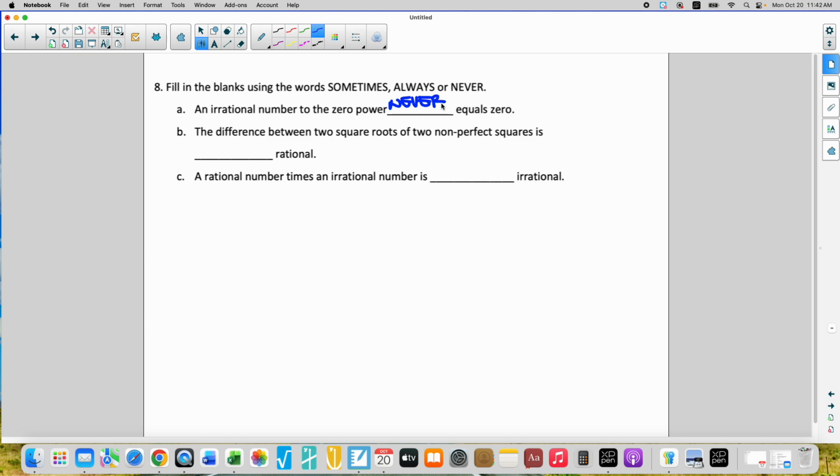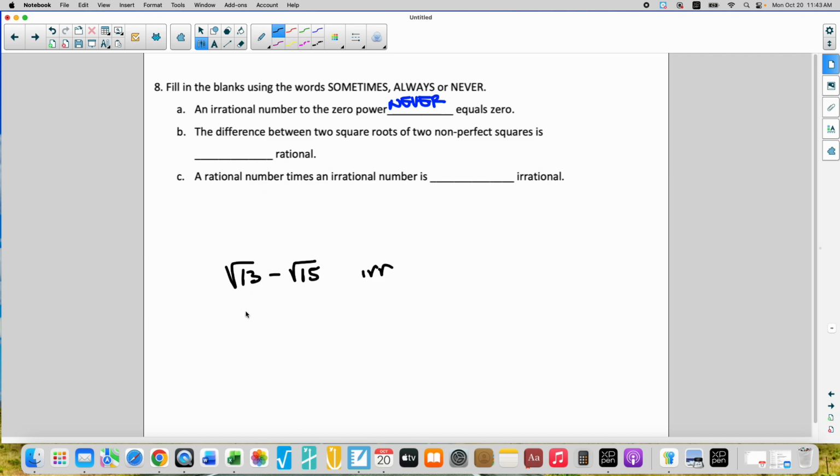The difference between 2 square roots of 2 non-perfect squares is rational, sometimes rational, always rational, never rational. So that could be the square root of 13 minus the square root of 15, that's going to be irrational.